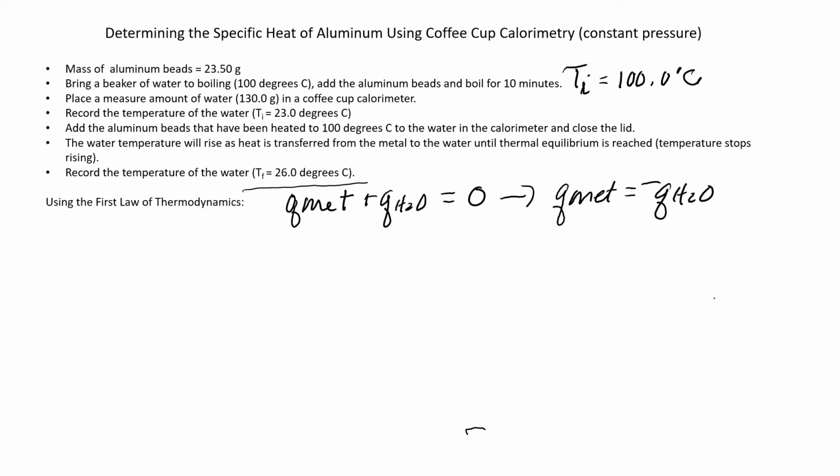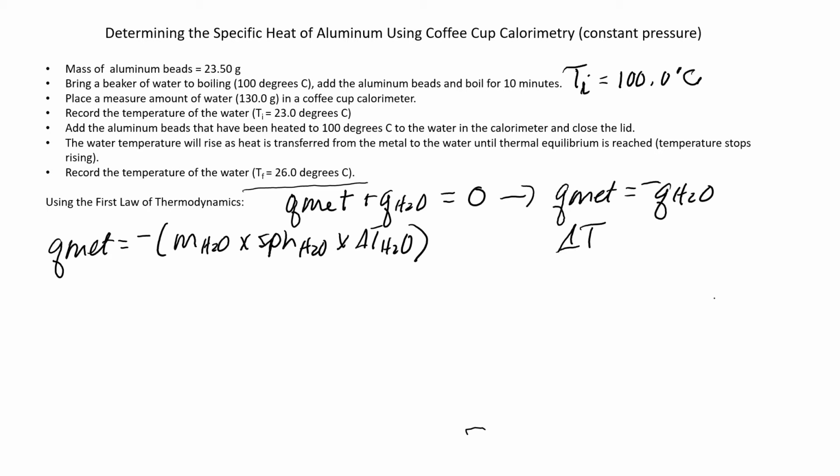That's easy, right? So Q of the metal equals negative mass of the water times specific heat of the water times delta T of the water.